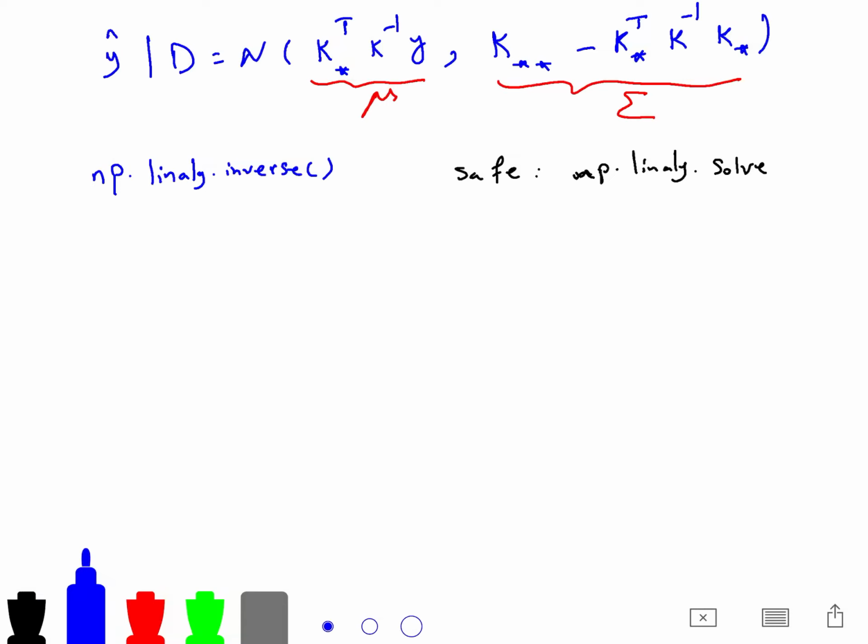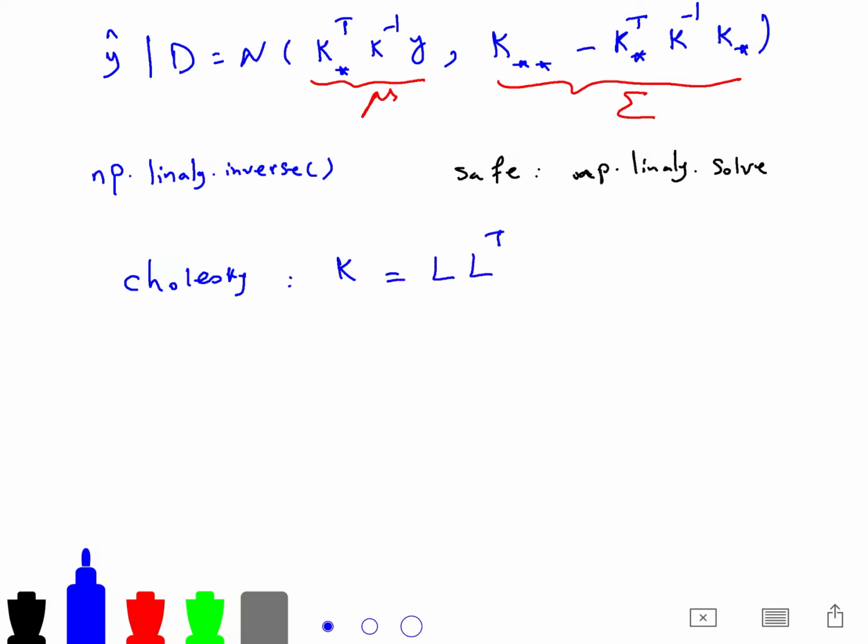The answer to that question is just to apply Cholesky decomposition on K. And what is Cholesky decomposition? If you are a financial engineer, a mathematician, or you work on linear algebra, you know that you can always decompose K, your matrix, into L times L transpose.